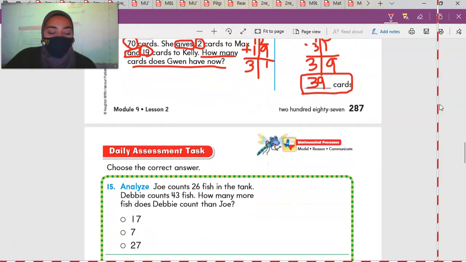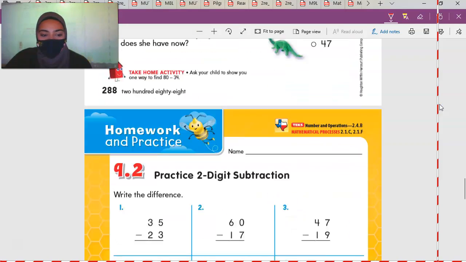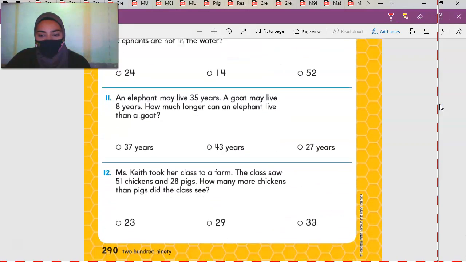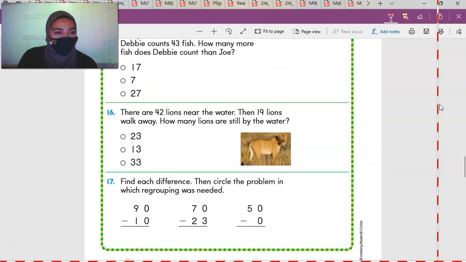Okay, as we always do, you're going to go ahead and do pages 288, 289, and 290 on your own. Now, in addition to that, my onliners, I forgot to mention this yesterday, I am giving you the 2 worksheets to go along with each lesson every day.